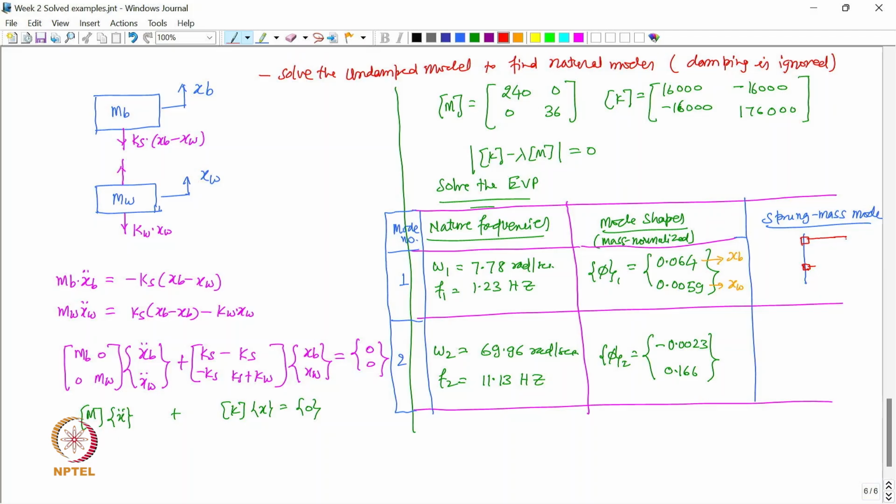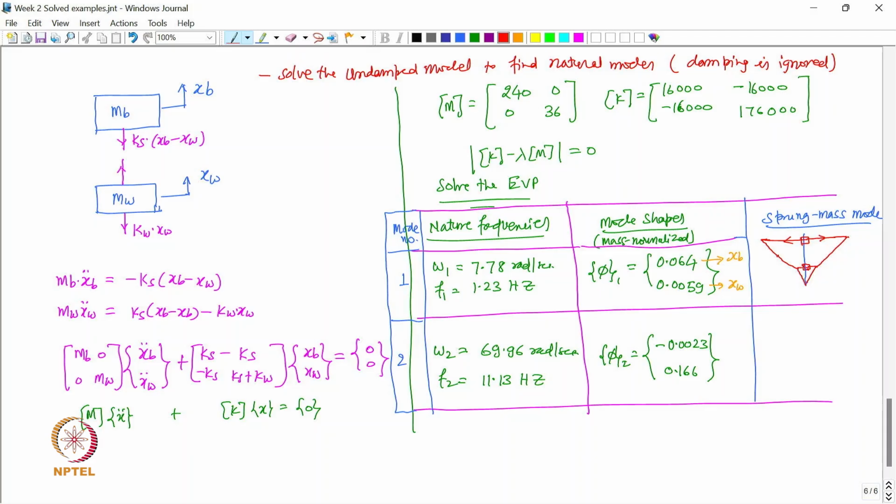So, if I now join these points like this, correct, this is the motion of the system, and this of course is the ground here. It means the body is going to have a significant motion in the sprung mass mode, but the wheel does not move so much, correct.